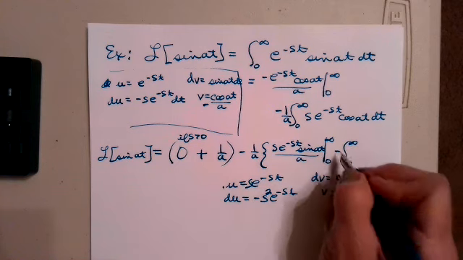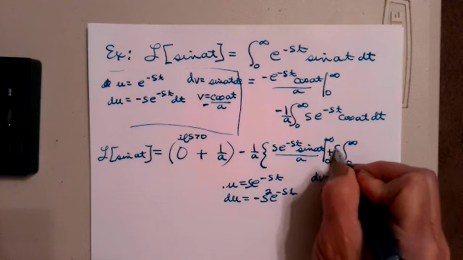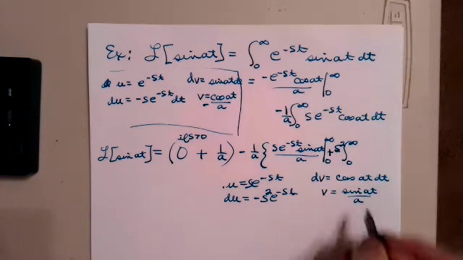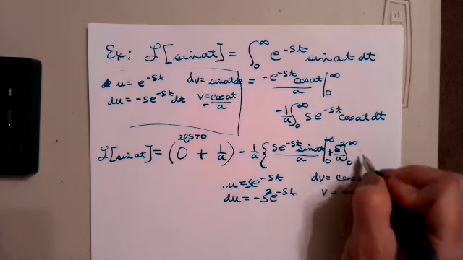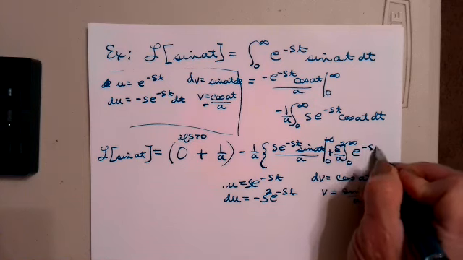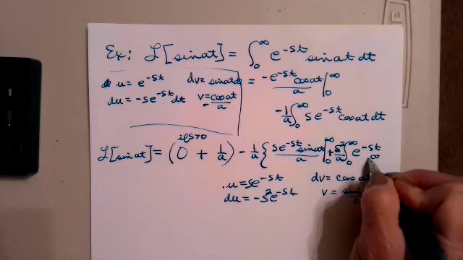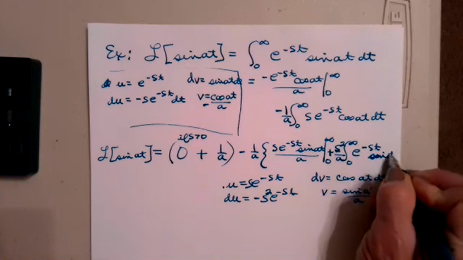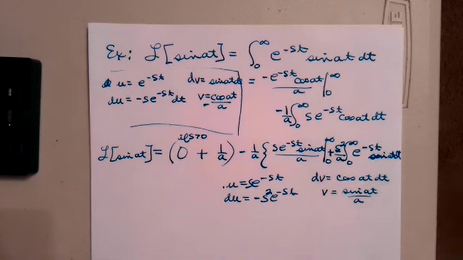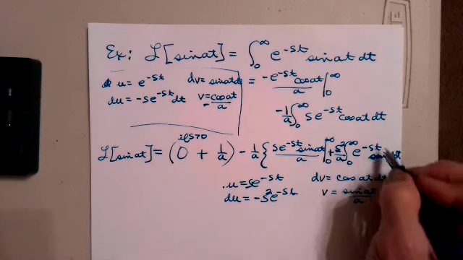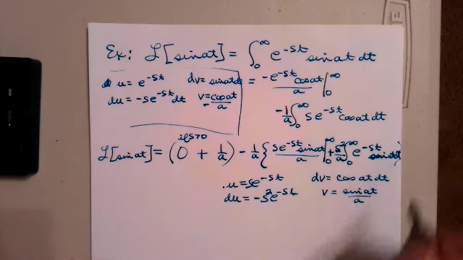So that's a minus and a minus here. That'll give me a plus. I have an s squared from this one, and I have an a from this one, and then I have an e to the minus st sine at dt. Sorry, that's not real clear, but that should be sine at dt.